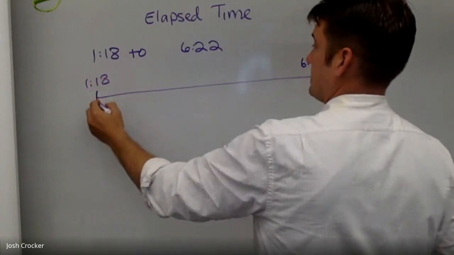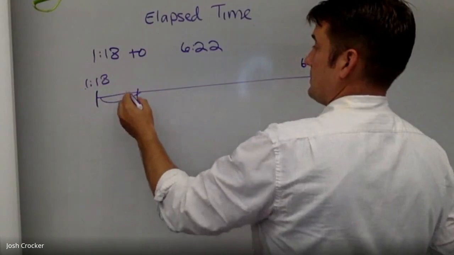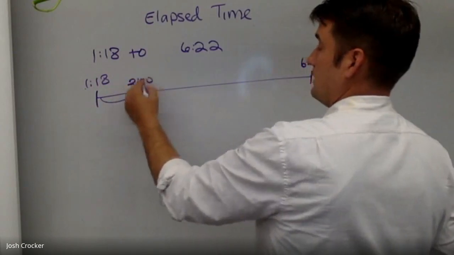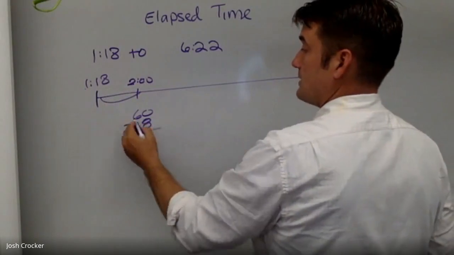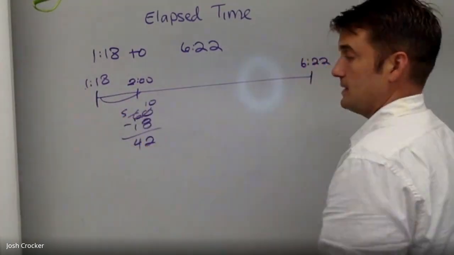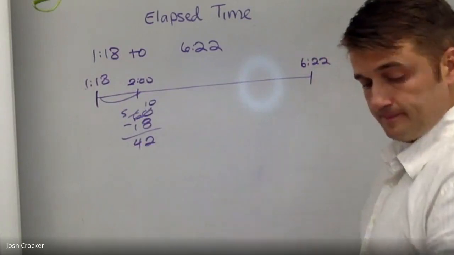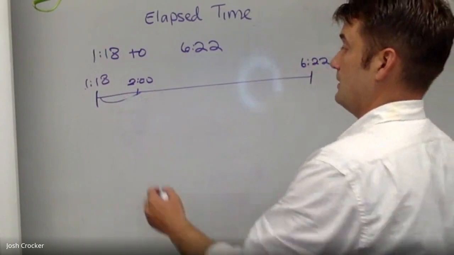Okay, I'm still going to start with that first jump being to the next hour. So I'm going to 2 o'clock, and I'm just going to subtract from 60 to find out how much that is. 42 minutes. Okay, so that jump is 42.